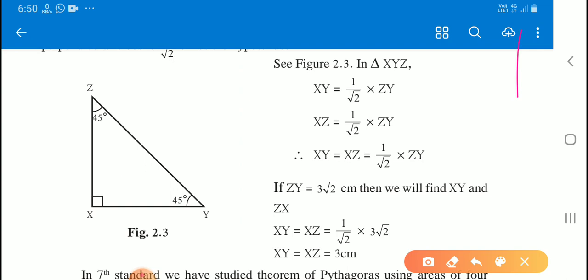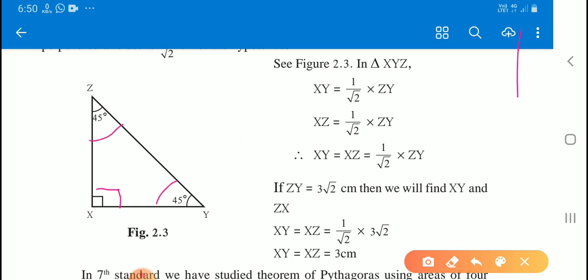Now look here, you can see that they have given this triangle XYZ, or triangle ZXY. It is a right angle triangle. Here angle X is 90 degree, and the remaining two angles are 45 degree.